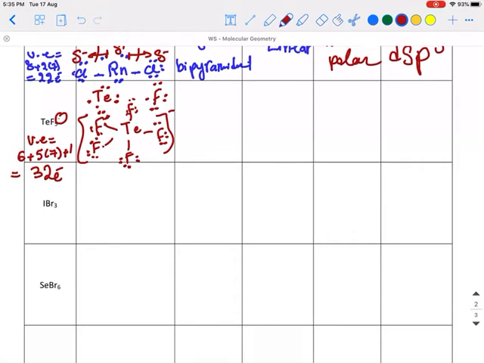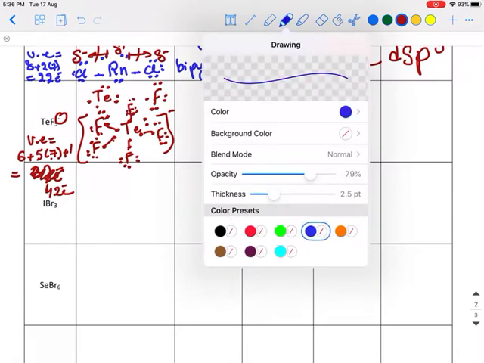Sorry, there is a mistake in the counting earlier. We will continue: 6 times 5 is 30, 31, 32, up to 40. So there should be a lone pair here also.